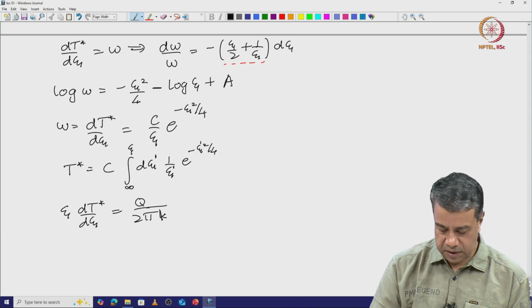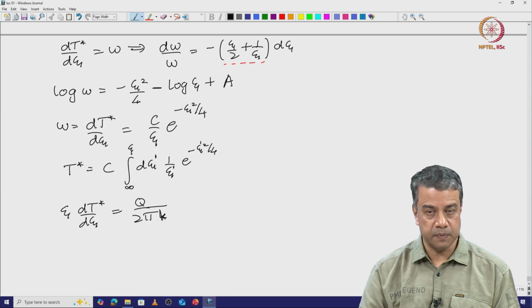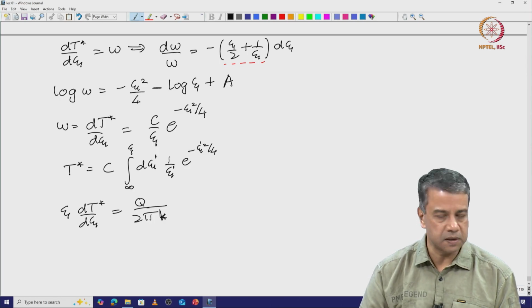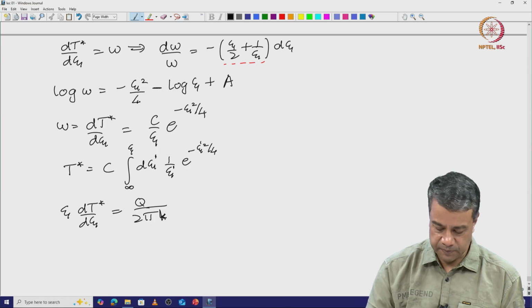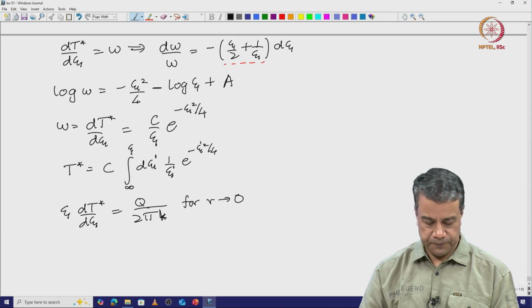Q is the energy generated per unit height of the wire per unit time, for r going to 0.